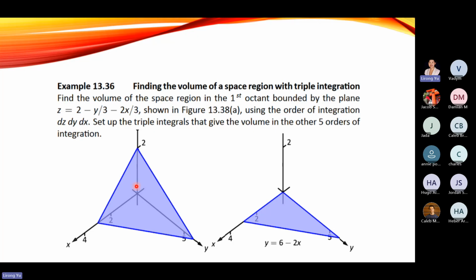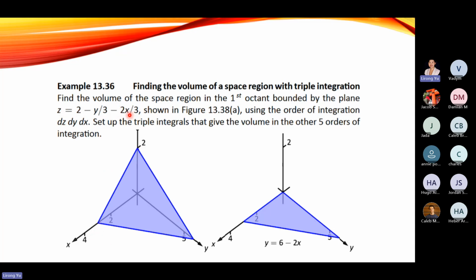This is a surface representing z equal to 2 minus y over 3 minus 2x over 3. We have 2 right there. And we see the other 2 numbers can also be determined. For example, on the zx plane, y equal to 0. So z equal to 2 minus 2x over 3. So this one is 3.